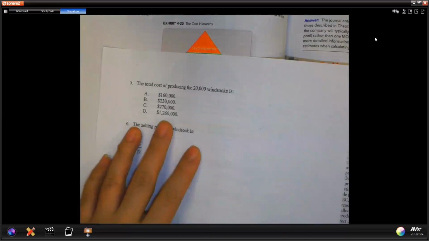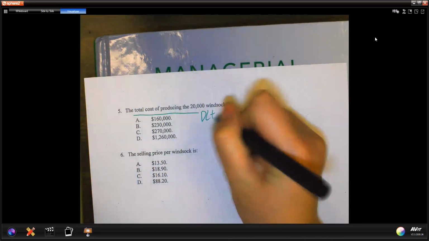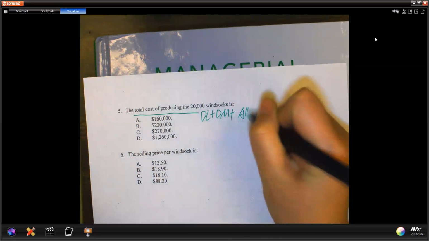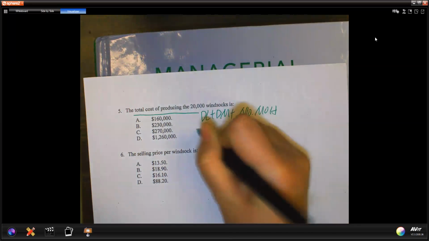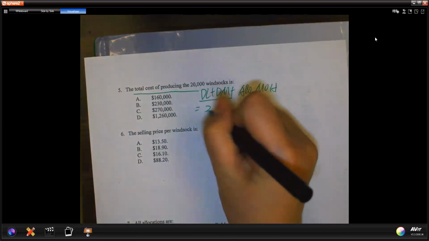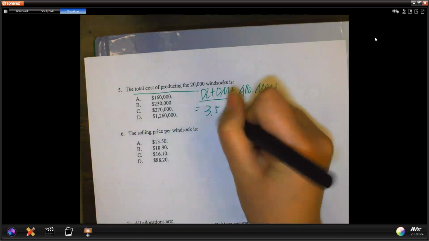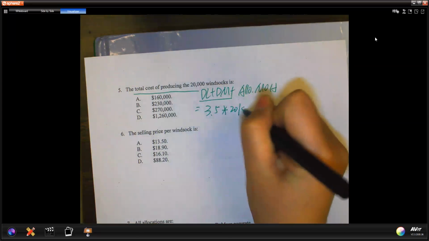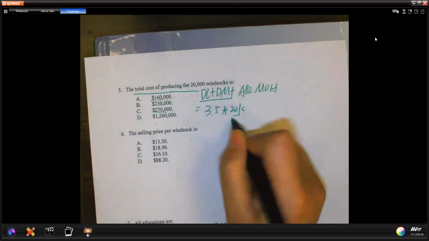For question 5, the total cost of your product is direct labor plus direct material, plus allocated manufacturing overhead. The question says the total cost of direct material and direct labor is $3.5 per unit, and we have 20,000 units, so I just times 20,000.